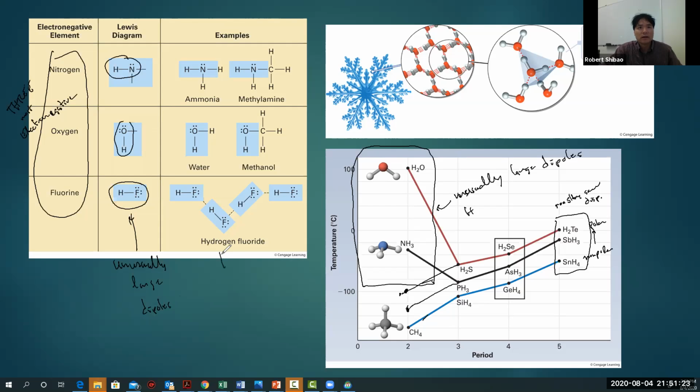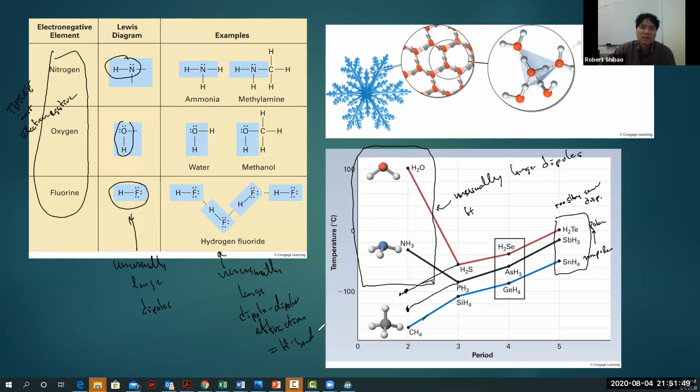And then we're going to get unusually large dipole-dipole attractions. You know, these dipoles are attracted to each other because the positives and negatives attract. That we call hydrogen bonding, H bonding.